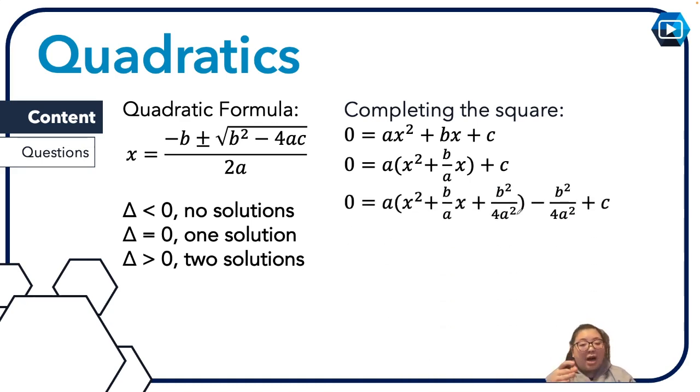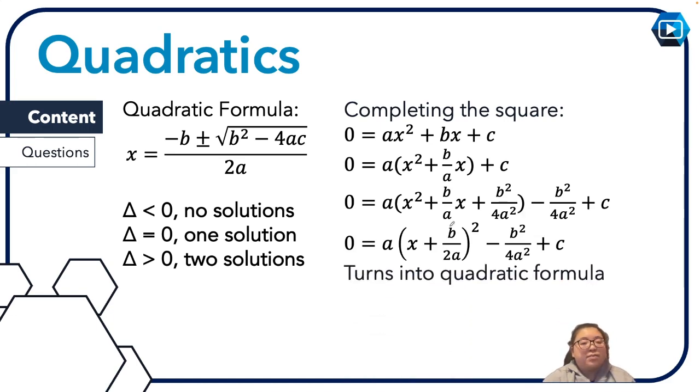Then you half the x component and square it, and then minus that square. So, like the name suggests, you're completing the square. Once you get that perfect square, you've now added in a random constant, so you need to take it back out to make it all nice and pretty. So that's what we do here. We make it a perfect square, and then you solve that equaling to x, and that will give you the quadratic formula right there.